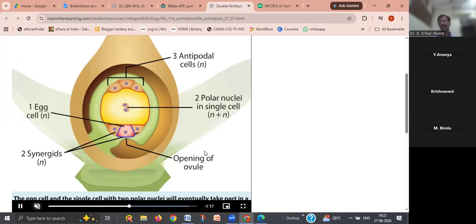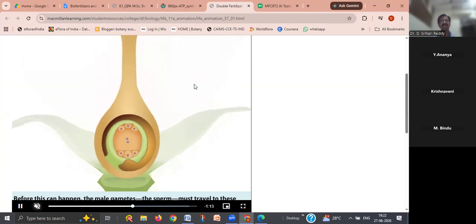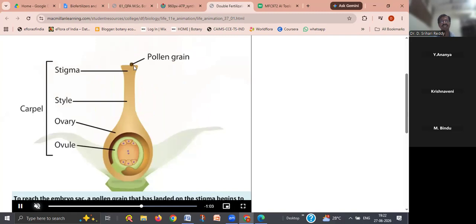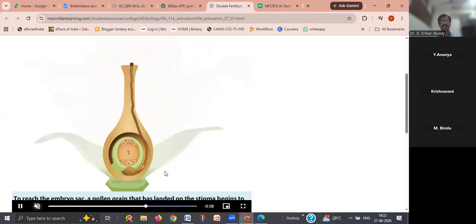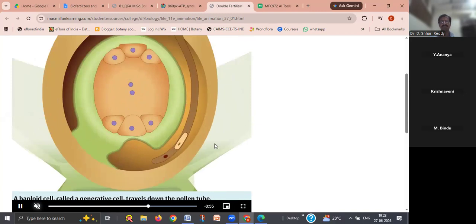After the pollination, pollen grain starts germination. It forms the pollen tube. So you see here in this picture, after pollination, the pollen grain starts producing the pollen tube and it enters into the embryo sac, also called the female gametophyte, and it carries two male nuclei or male gametes.